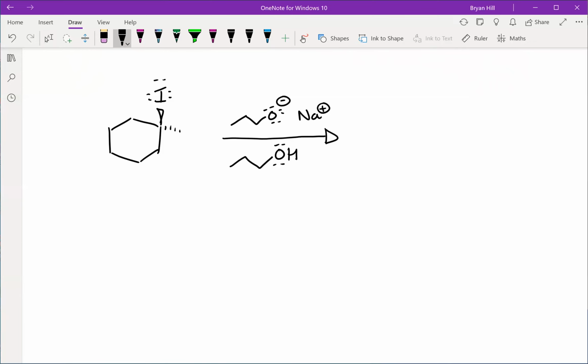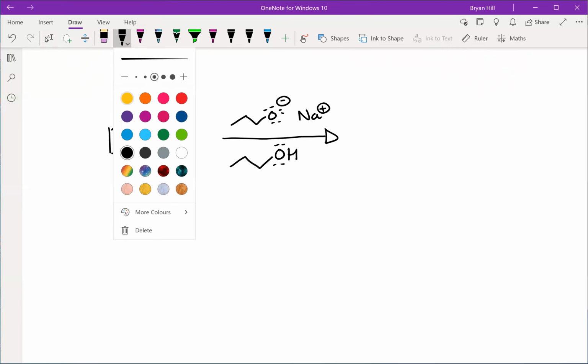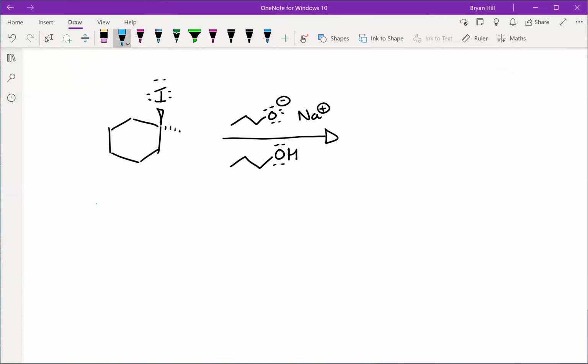So the first thing we should look at, of course, is our alkyl halide. And so first things first, our alkyl halide, our iodide is bonded to a carbon which has got 1, 2, 3 carbons. So it is tertiary.